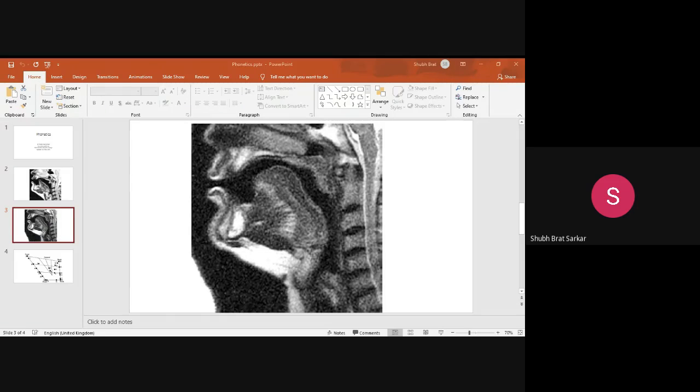So let me again repeat the short vowels: I, E, A, A, schwa, O, U.